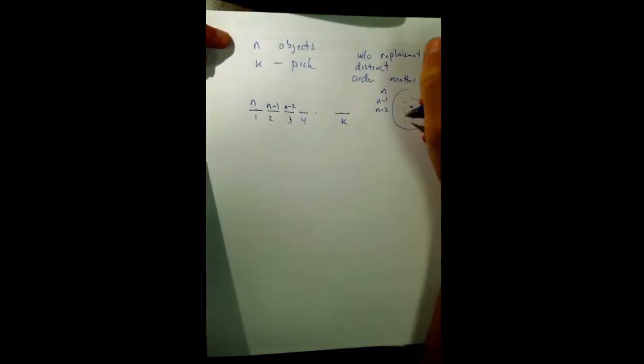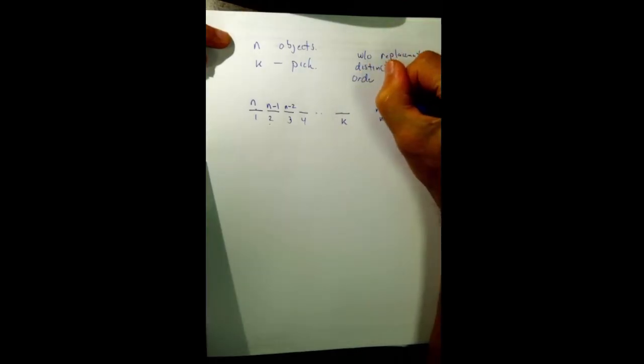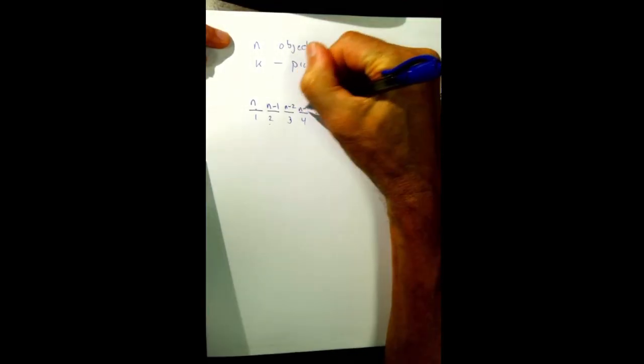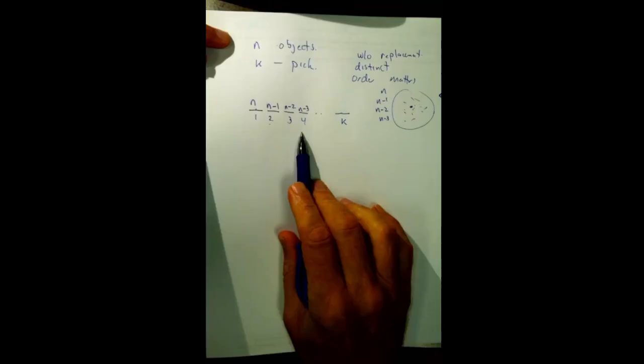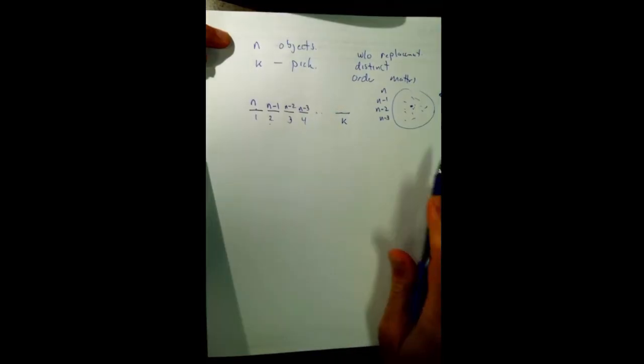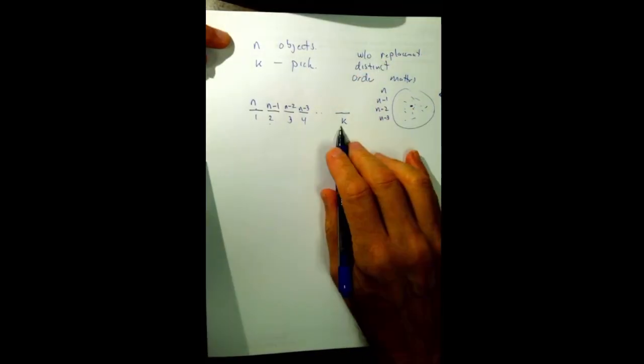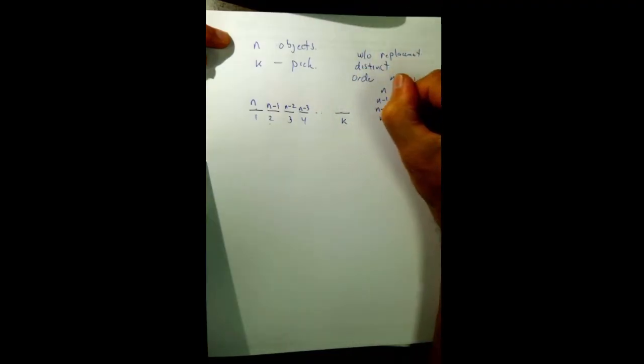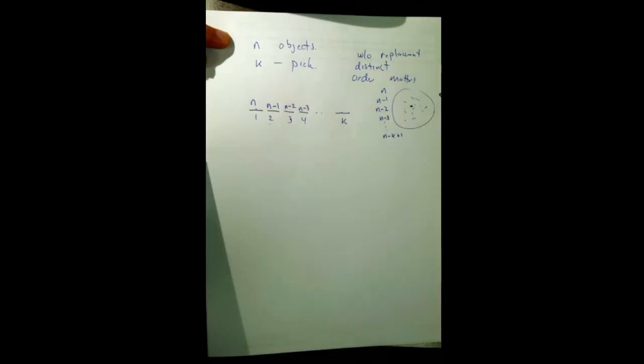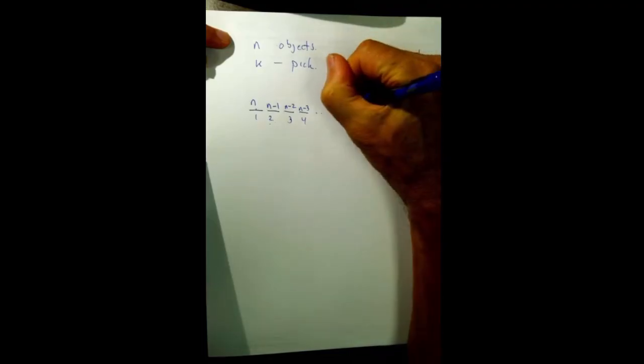And likewise, for my fourth choice, there's n minus 3 objects, so there's going to be n minus 3 ways I could do that. And I'm going to keep going until I get to the kth pick. After the kth pick, there's going to be n minus k plus 1 objects still left.